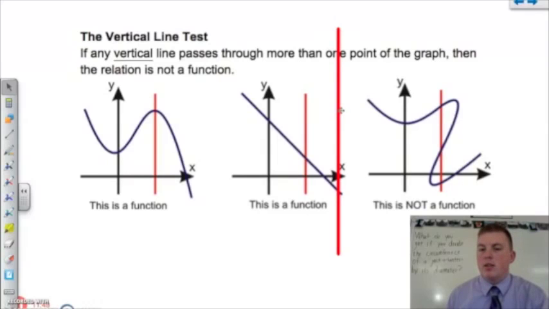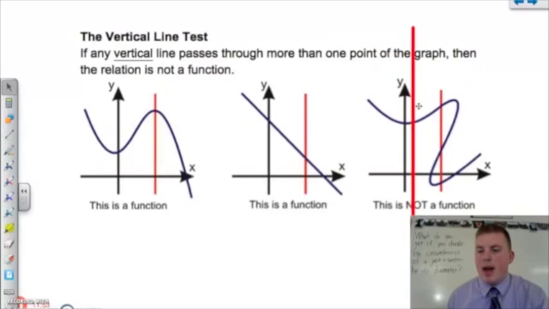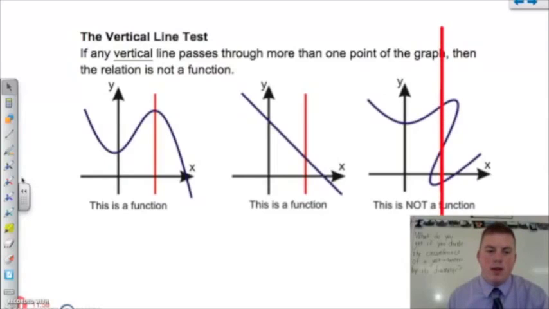However, on this third one, if I'm moving it along, I have several places where I am touching more than once. For example, right here, and right here. So I'm touching that graph at more than one point on that vertical line. So we're going to say that that is not a function.